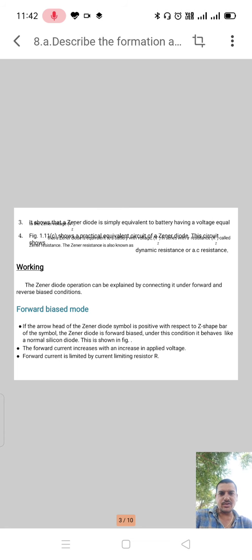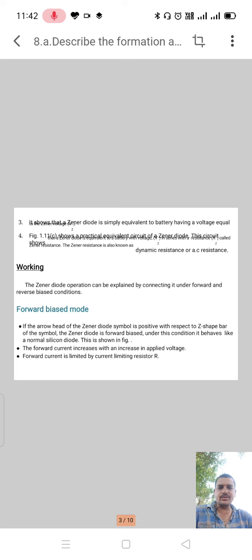Coming to the working of Zener diode. The Zener diode operation can be explained by connecting it under forward and reverse biased conditions. First, forward biased mode.